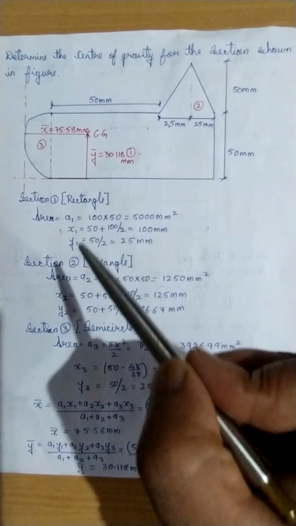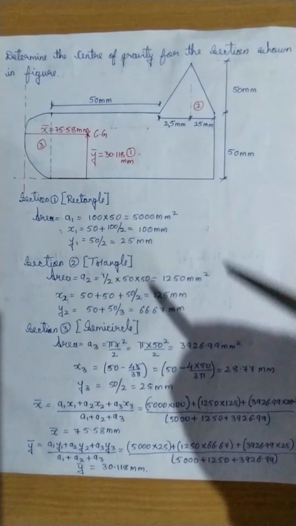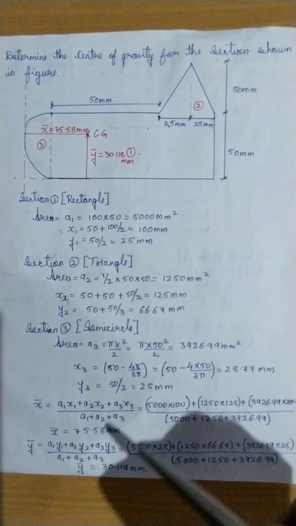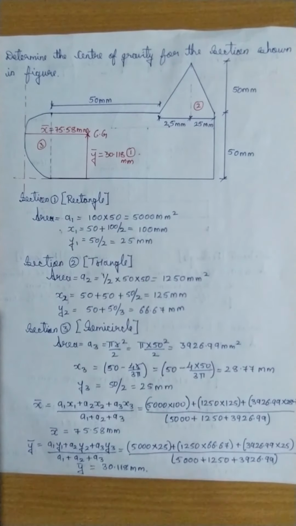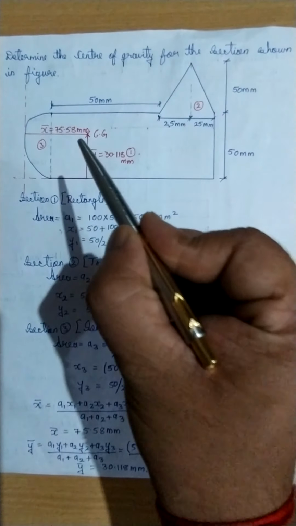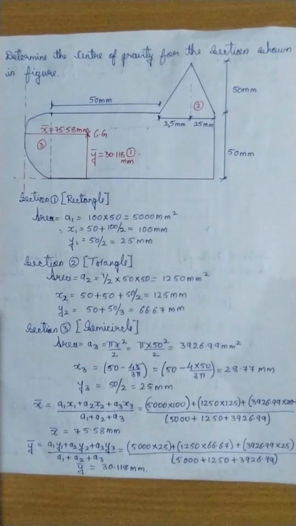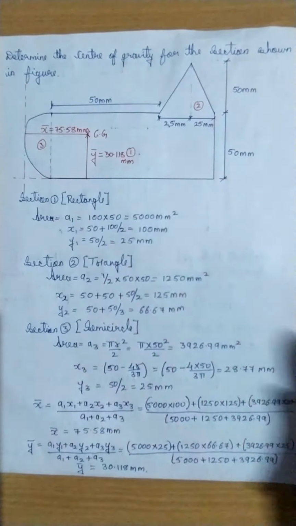Substituting the values, y bar is 30.11 mm. So locating it from the reference axis, x bar is at a distance of 75.58 and y bar at 30.18. So this is the location of the CG point.